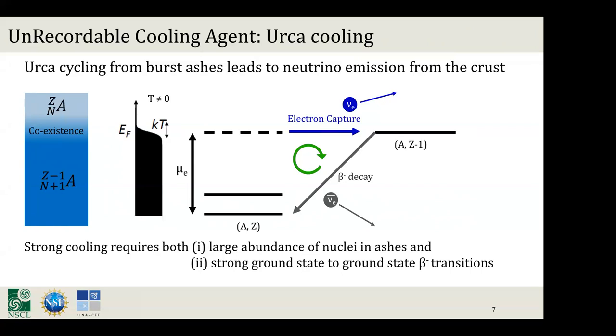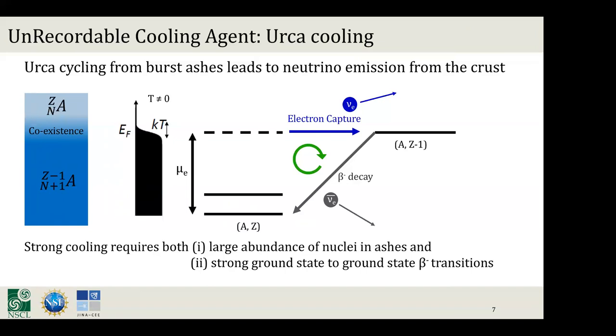For an Urca pair, or Urca chain, to be important requires two things. One is that there's a large abundance of that mass nuclei in the ashes. If, for example, A equals 61 nuclei did not exist in X-ray burst ashes, then it doesn't matter what the nuclear properties are, it just would not cool. The second thing, which I mentioned before, is a strong ground state to ground state beta decay transition.